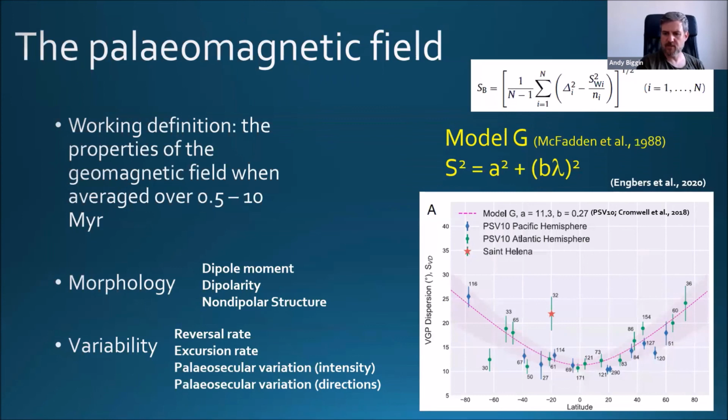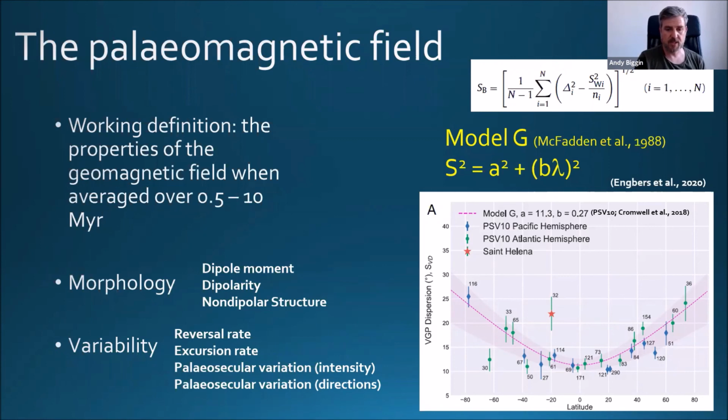So we're able to quantify that discrepancy a little bit better by comparing the properties of what we measured here with something, I guess, loosely termed as a paleomagnetic field, which is essentially the characteristics of the field when you average it over a few 100,000 years at least. You can break this down into two aspects: the morphology and the variability.